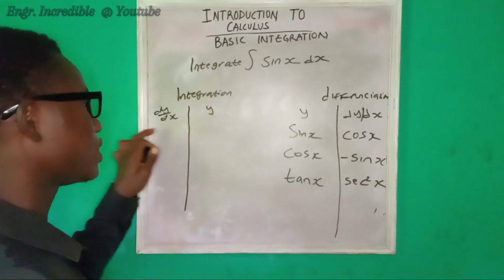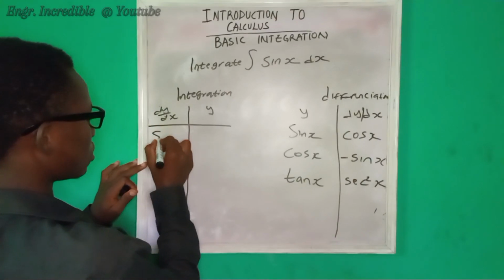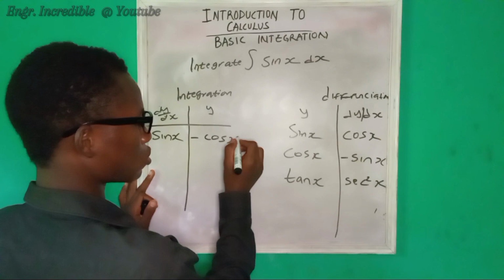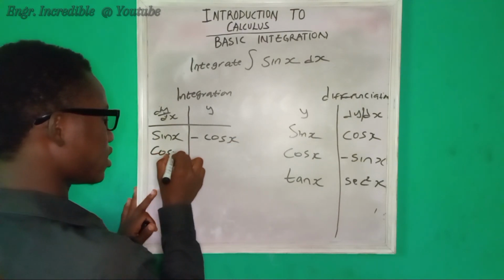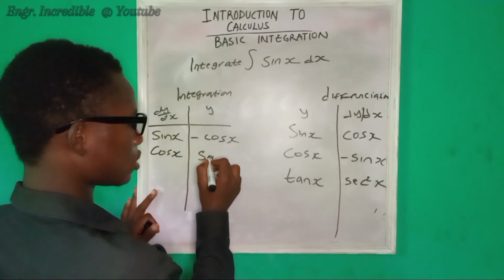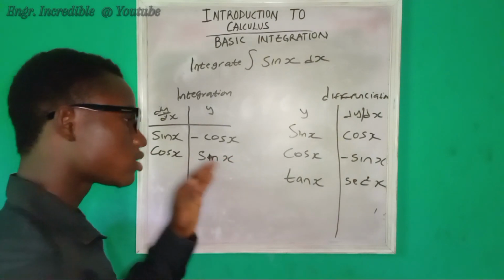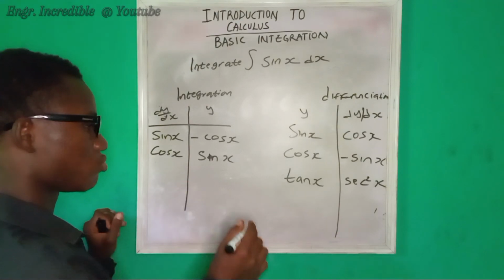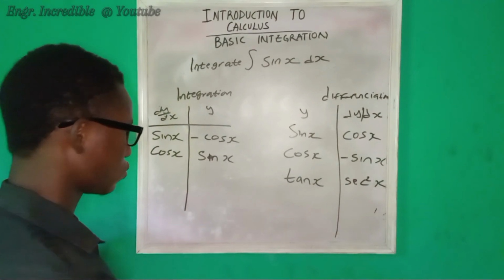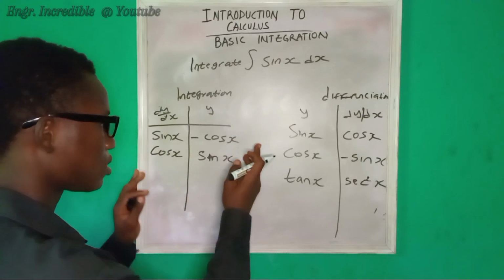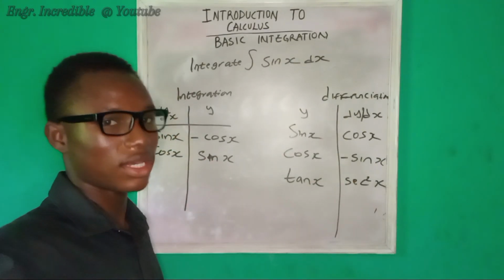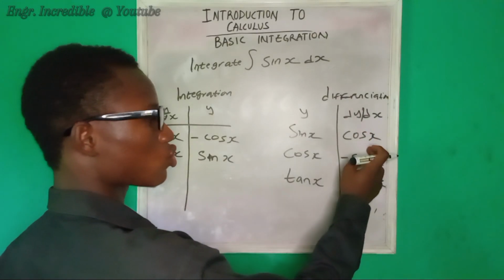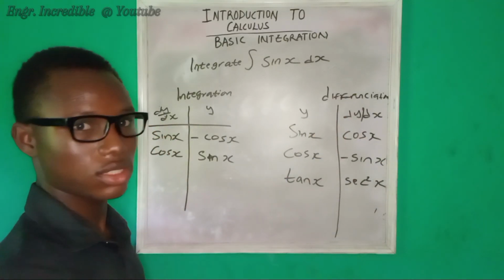In order to convert the dy dx into y, sin x is equals to minus cos x, and our cos x is equals to sin x, and so on and so forth. If we have sec square x, it will be something like tan x, and so on and so forth. But these are the major two, that is the basic. Sin x is equals to minus cos x if we are integrating, and cos x is equals to sin x, unlike differentiation whereby sin x is equals to cos x and cos x is equals to minus sin x.